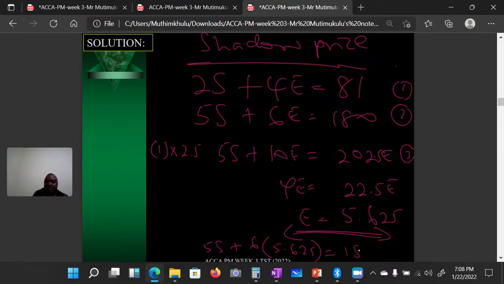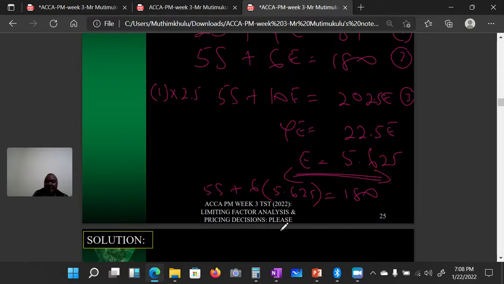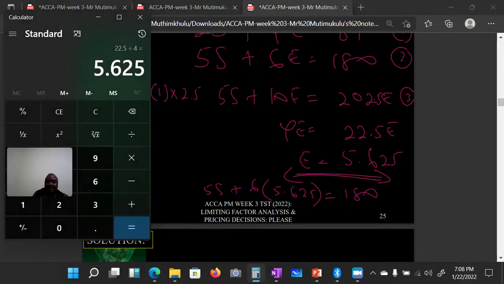Using our calculator, 6 by 5.625 is equal to 33.75, minus 180, that's 146.